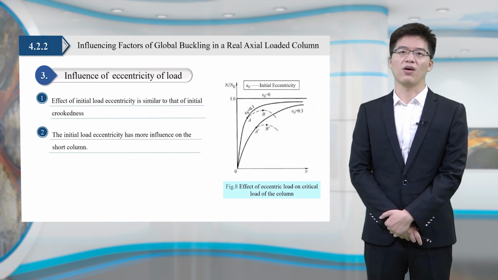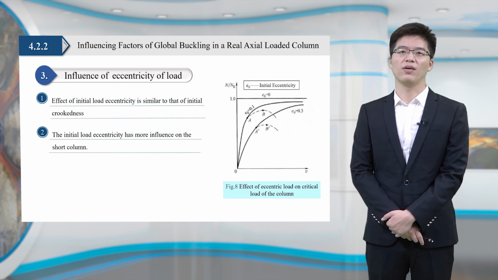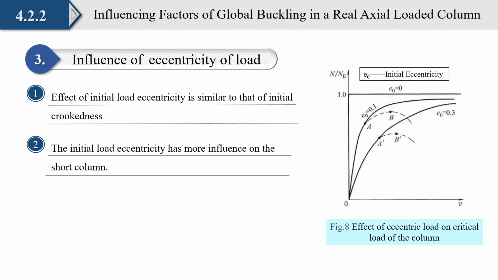Since the effect of initial load eccentricity is similar to that of initial crookedness, we usually consider only one of them in the design. In the code for design of steel structures in China, only the influence of initial crookedness is considered, with the value of initial crookedness being 1/1000 of the member's span.